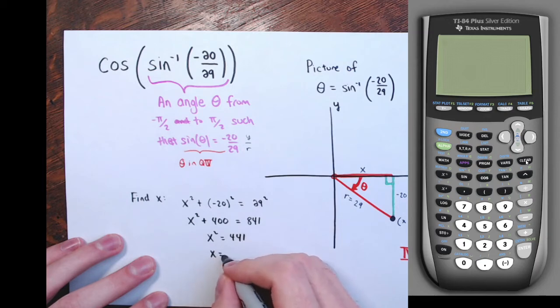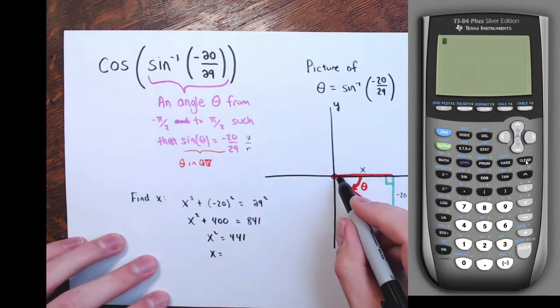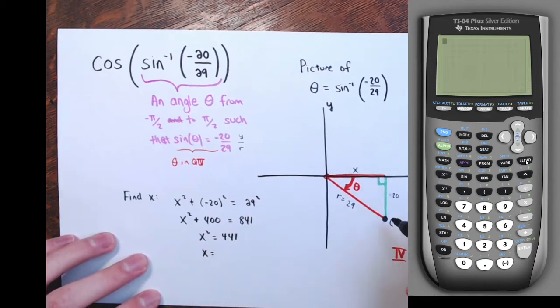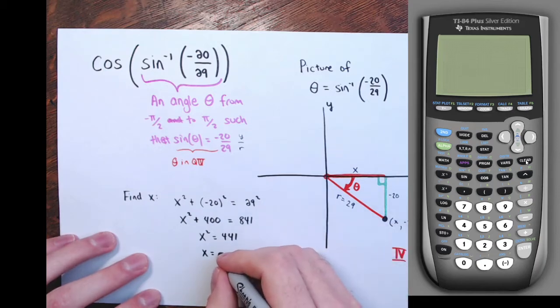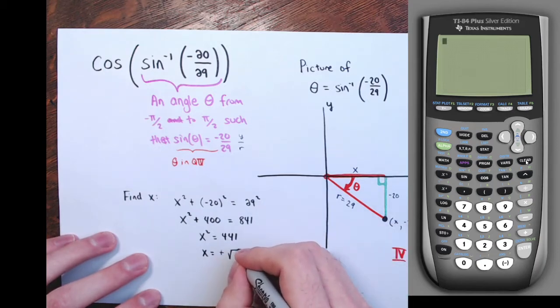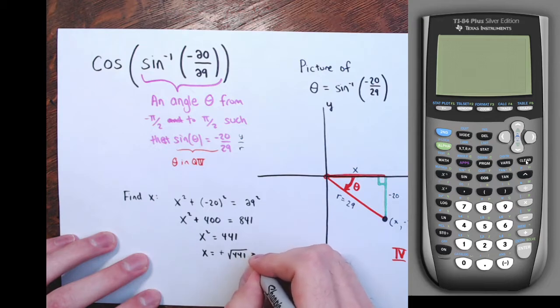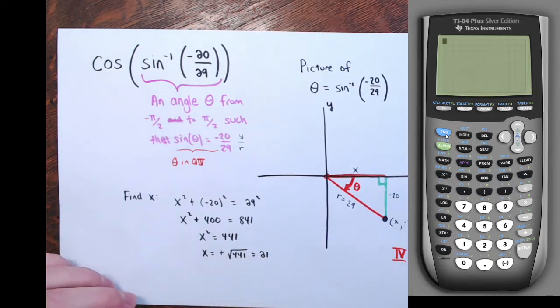So x equals plus or minus, but since this is to the right, the x coordinate is going to be positive. I'm going to use the positive square root of 441, which is 21. Just to be absolutely certain, the square root of 441 is indeed 21.